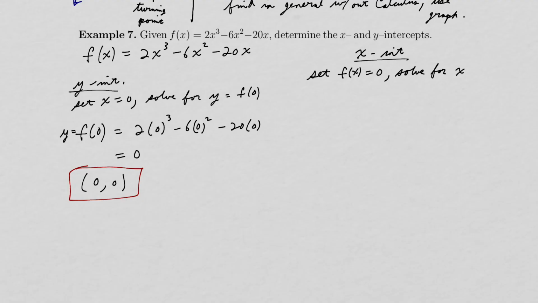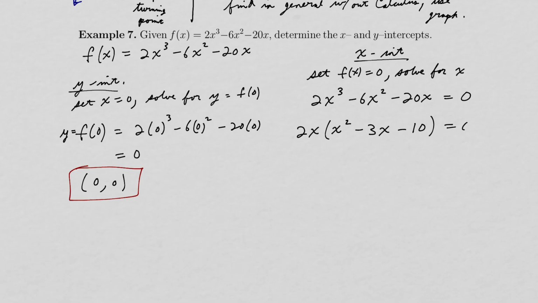So I'm going to set this equal to 0, and I'm going to try and factor. It looks like I can pull out a greatest common factor right off the bat, like a 2x, and I'm left with x squared minus 3x minus 10 equal to 0, and hopefully that's factorable.